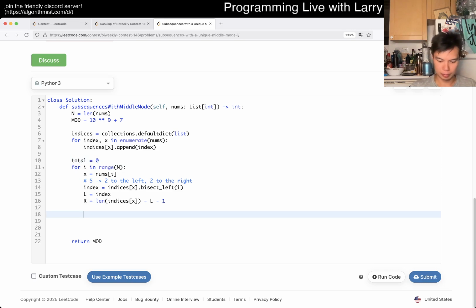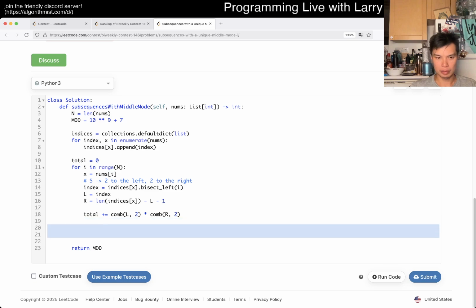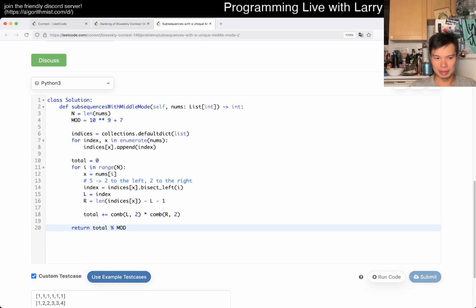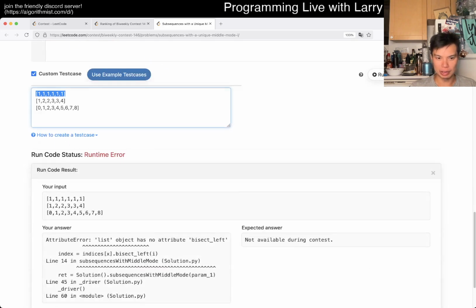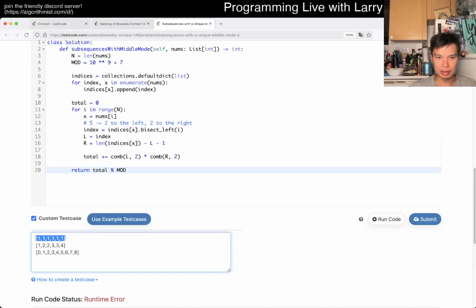Okay. Right, and then this is clearly incomplete, but it actually should work for the first one in theory.